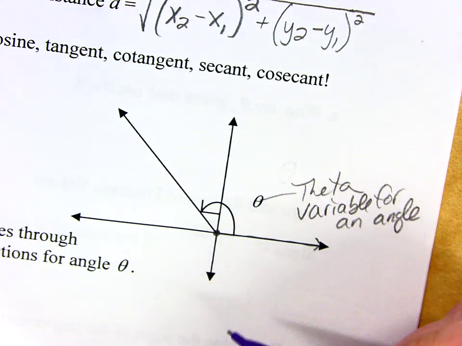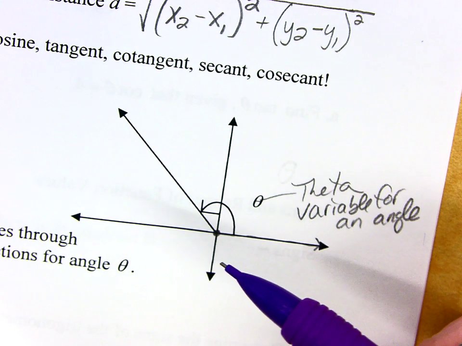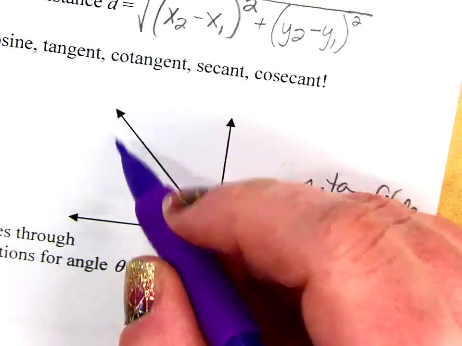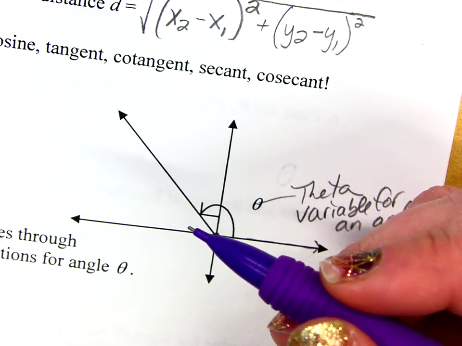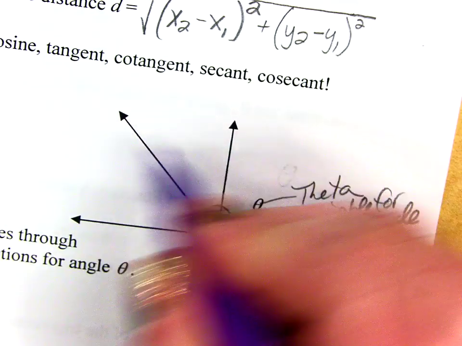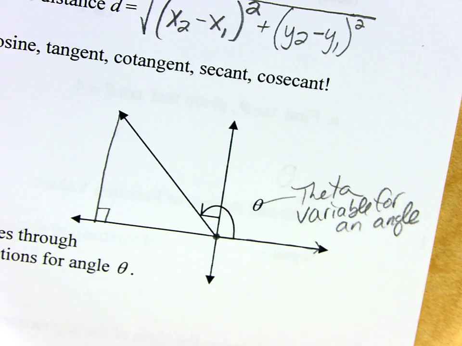What I'm going to be doing is I'm going to be taking that terminal side, wherever it lands, and I'm basically going to drop a vertical line to the x-axis to turn it into a triangle. So wherever it lands, it doesn't matter. So here I'm just going to drop a vertical line, and now I have this nice little right triangle.